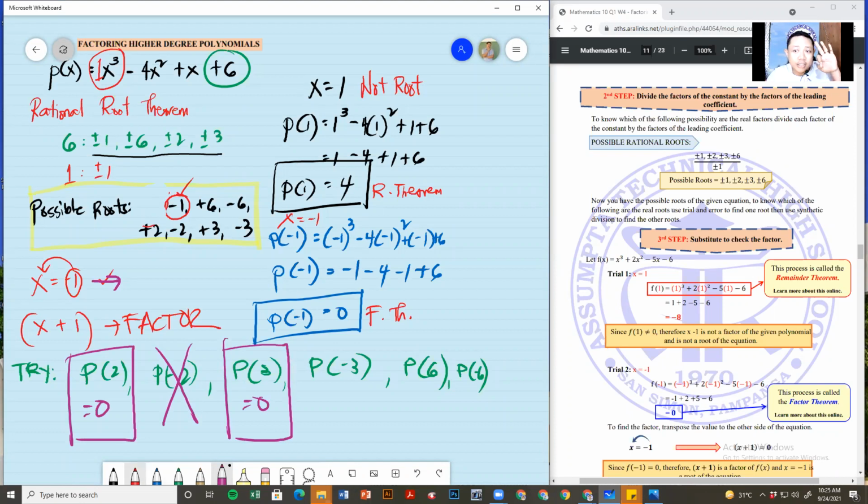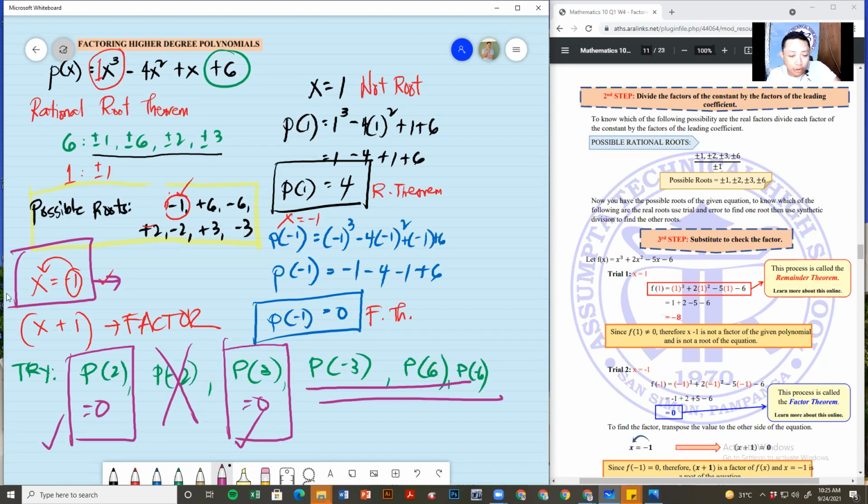The degree is third, it's 3. So therefore, expect there are only 3 factors. Okay, we already got 1. This is the second, and this is the third. So ibig sabihin, even if you will not solve anymore for the remaining possible roots, it's okay because you already got your 3 roots. Can you follow?